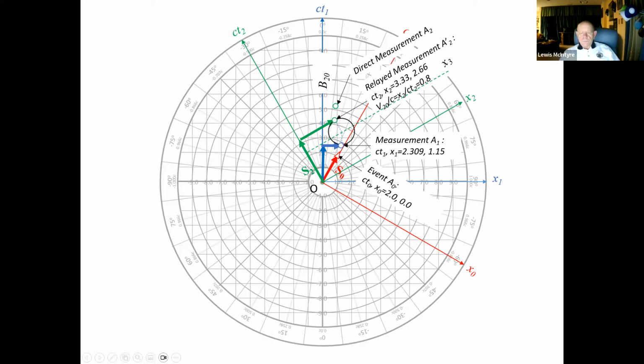Dividing the resulting X2 by CT2 yields the velocity between S2 and S0 at 80% of the speed of light, which is the additive velocity result for two relative velocities of half the speed of light each. The previous measurement of S0 by S2 was the result of direct observation of S0 by S2, and S1 played no intermediate role.